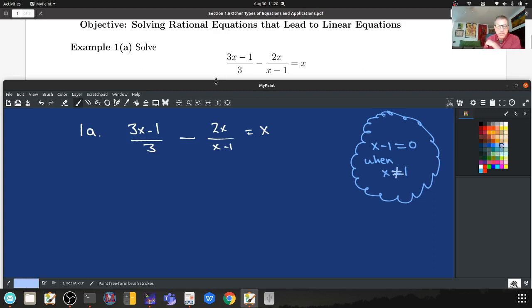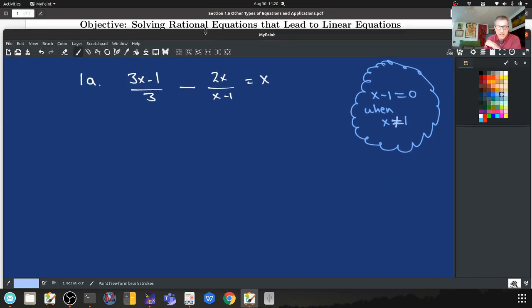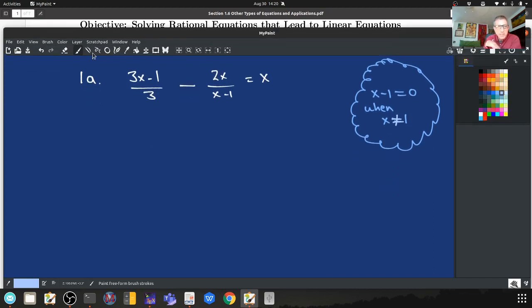So the first thing we want to do, or I guess now the second thing we want to do, is we have to find the LCD of 3 and x minus 1. Now there's a cool thing about finding the LCD of 3 and x minus 1.